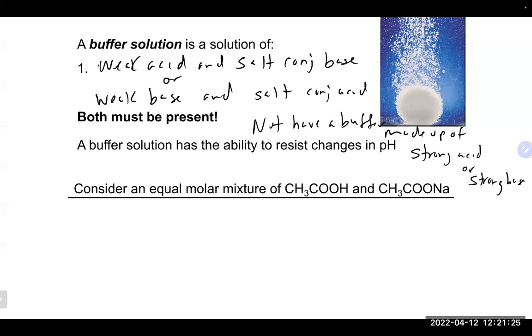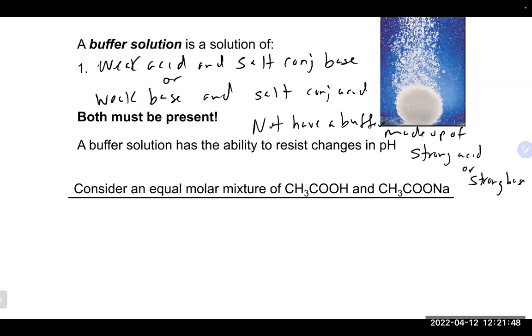The reason for that is you actually need them to be weak to set up an equilibrium to keep both of those things in solution at the same time, the acid part and the base part of the buffer. In a strong acid or strong base, it is a one-way street where everybody breaks apart. You are not left with the acid there anymore. You're not left with the base there anymore.